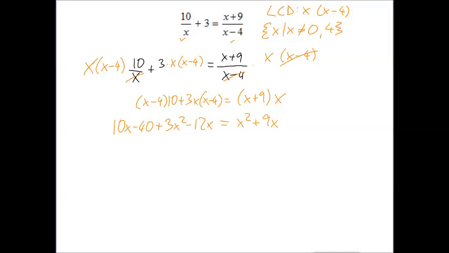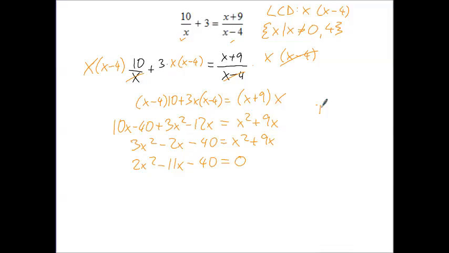Combining like terms, we get 3x squared minus 2x minus 40 is equal to x squared plus 9x. Now I'm going to again move everything to the left, subtracting x squared, 2x squared, and subtracting 9x leaves us with 11x minus 40 is equal to 0.